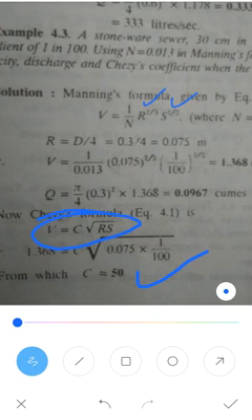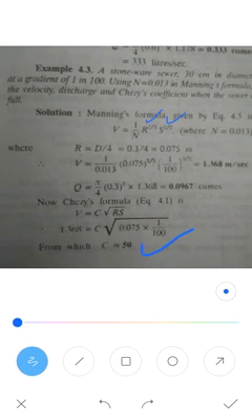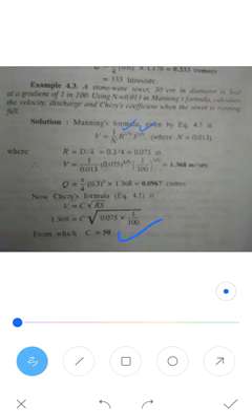Another important thing is that it is flowing fully. See here, calculate the velocity, discharge and Chezy's coefficient when the sewer is running full.